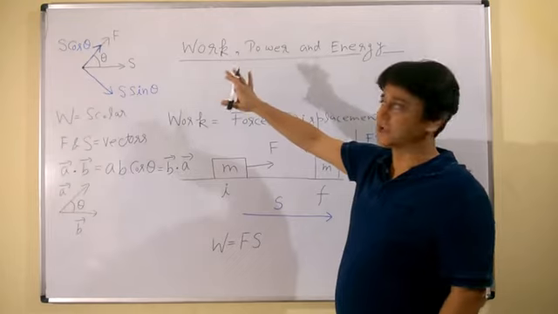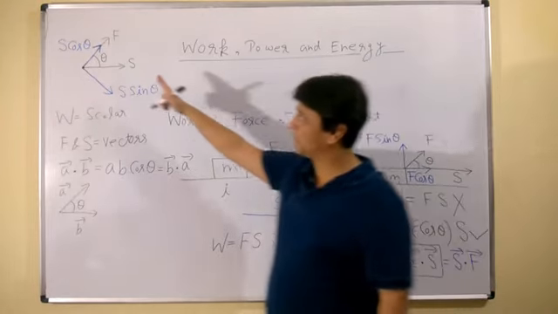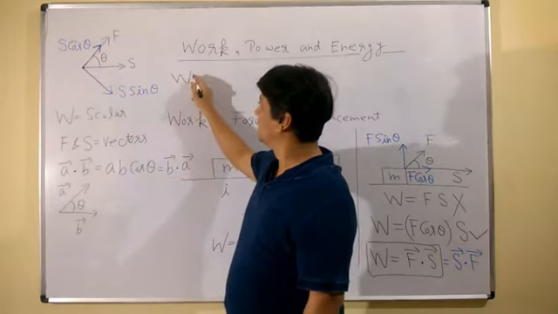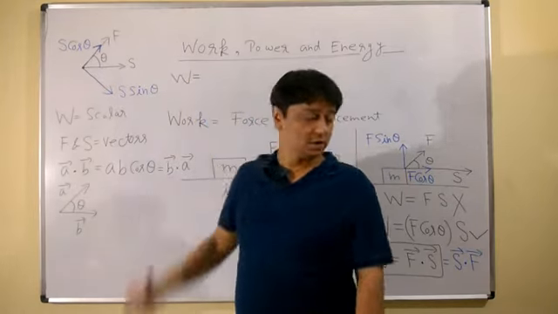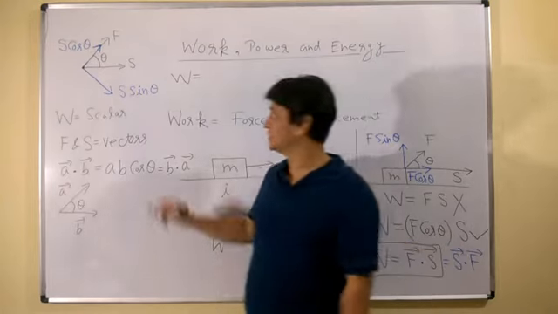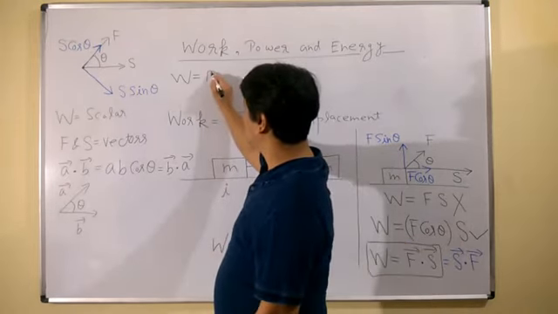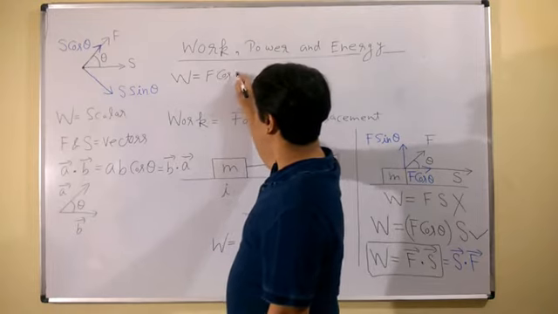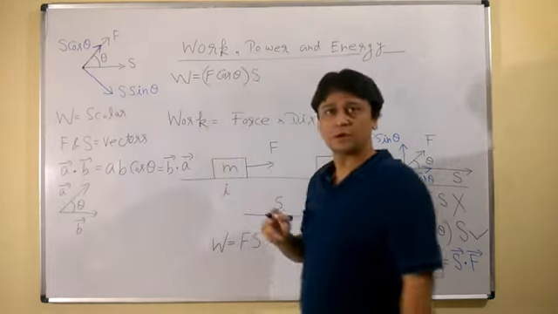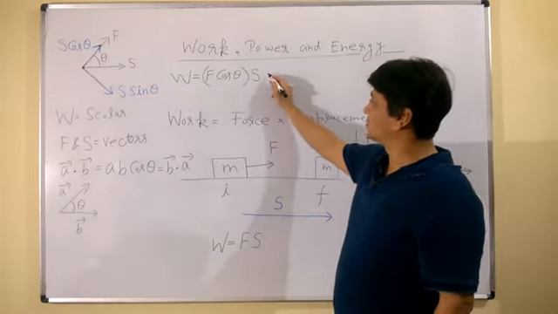Now, when you look at this setup, work is what? F cos theta multiplied by S. Work is what? F cos theta multiplied by s, which you can rearrange like this.